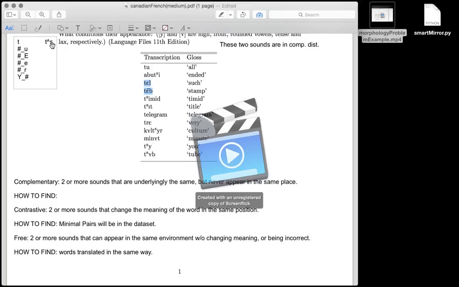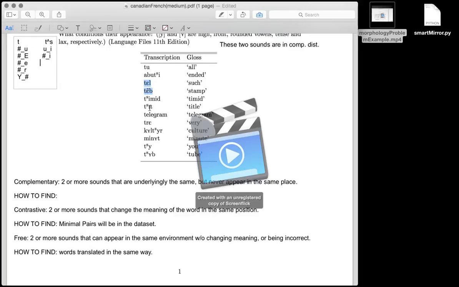So let's now start filling out the table for cha. The first one we have is abuchi, which is ended, and what looks like we have before the cha is a U, then the cha, and then an E. After that, we have timid, and so it looks like we have a word boundary, the cha sound, then another E, or the lowercase I, but the E sound is obviously what it sounds like in IPA.